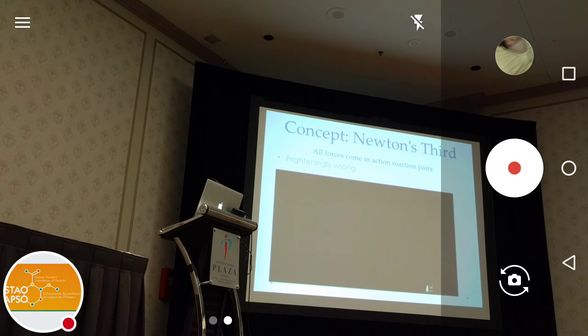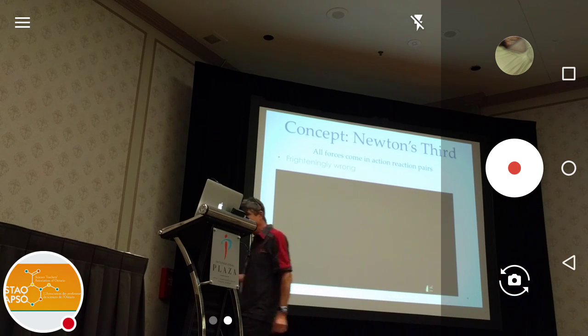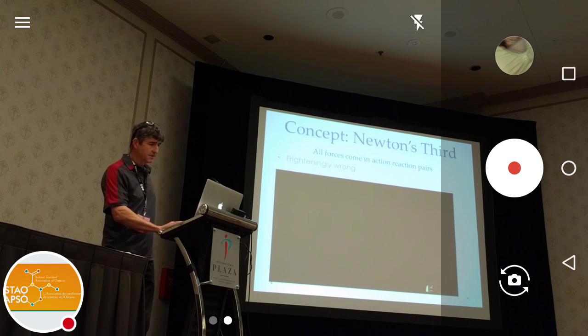I'm using Newton's third law right now to move around the room because I'm pushing the Earth backwards and the Earth is pushing me forwards. So they call them action-reaction pairs. I'm not keen on that because it implies one happens before the other.